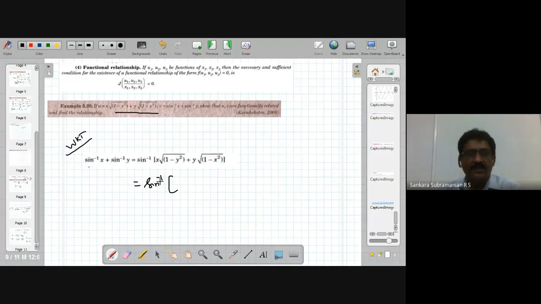This is nothing but u. And sin inverse of x plus sin inverse of y is v. So v equal to this is the relationship.